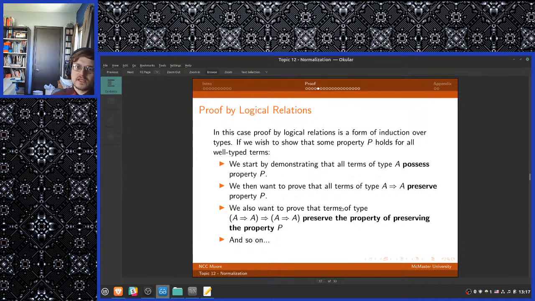In this case, proof by logical relations is a form of induction over types. If we wish to show that some property P holds for all well-typed terms, we start by demonstrating that all terms of type A possess property P. Then we want to prove that all terms of type A yields A preserve the property P. Then we also want to prove that all terms of type A yields A yields A preserve the property of preserving the property of P, etc., etc. Right?